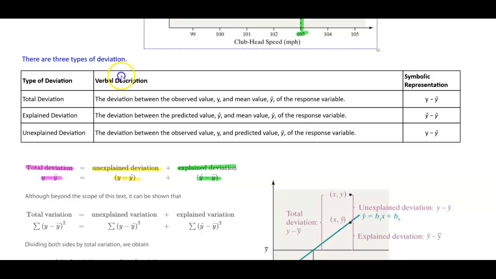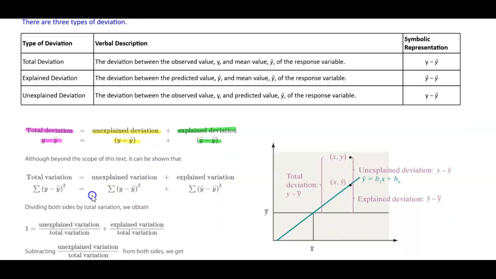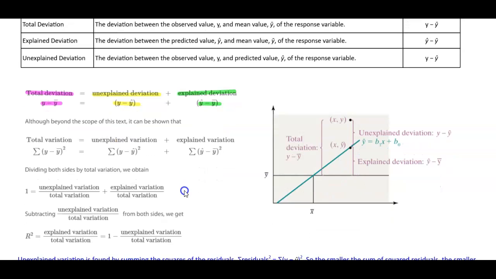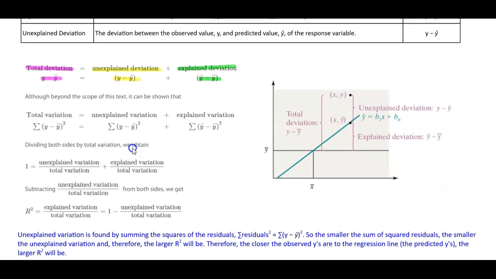Now, although beyond the scope of this text, it can be shown that the total variation, which is the sum, is equal to the unexplained variation plus the explained variation. So dividing both sides by total variation, we would obtain 1, which is equal to the unexplained variation divided by the total variation, plus the explained variation divided by the total variation.